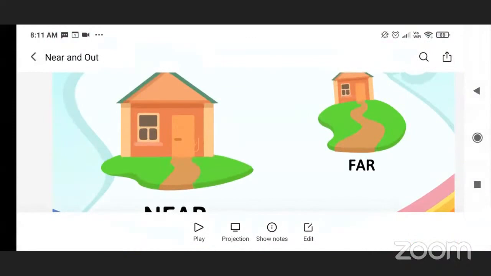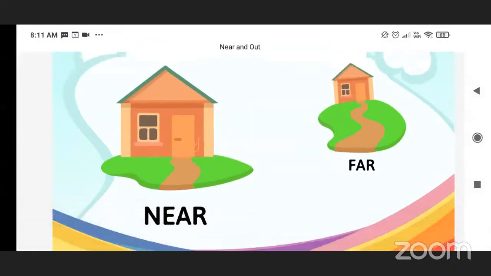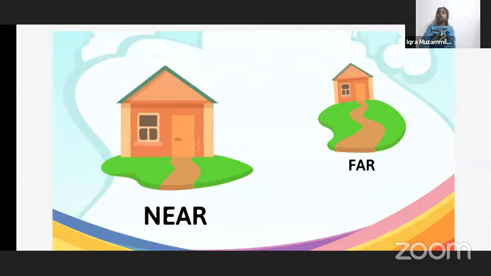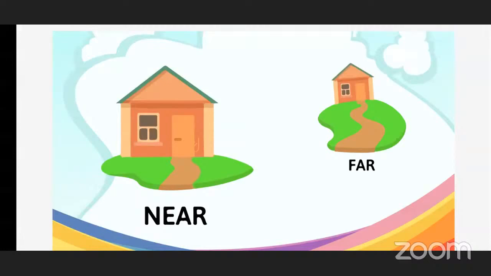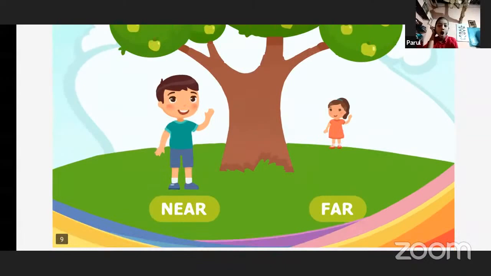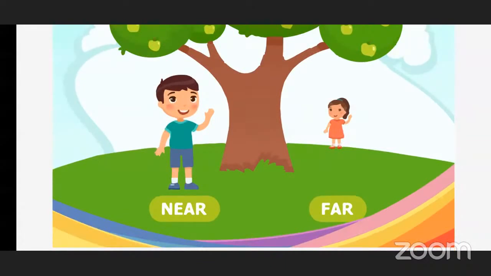Now 2 houses. One house is near and another house is far. Very good. Now one boy is there and one girl is there.